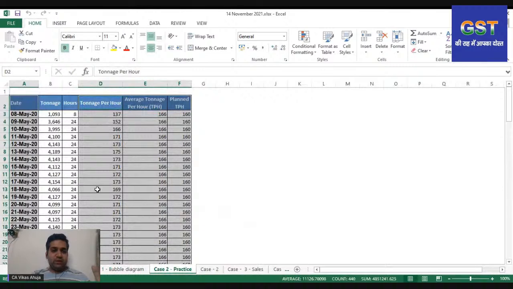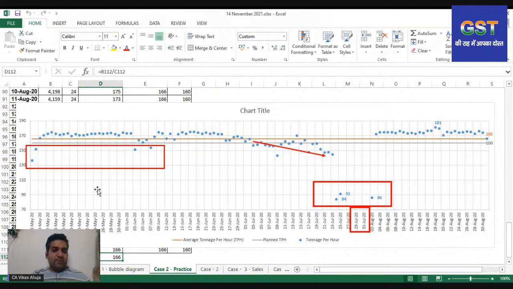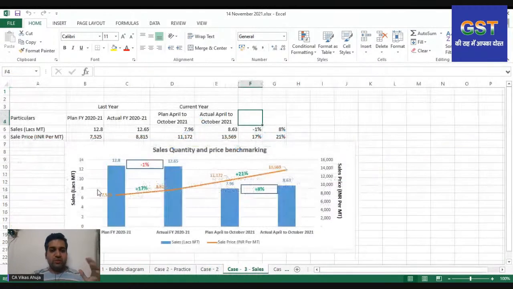Then we jumped onto the productivity wherein we checked the monitoring of the daily productivity by a dot diagram, which is another shape of bubble diagram. Then we also checked on the sales quantity and the pricing graphs, the bar and the combo graph of bar and line graph both.